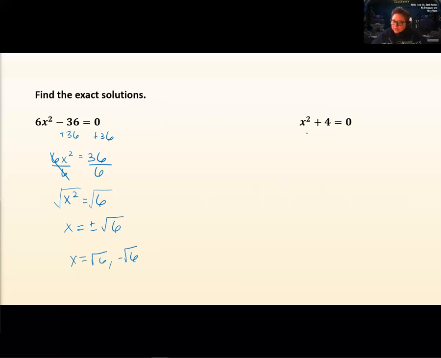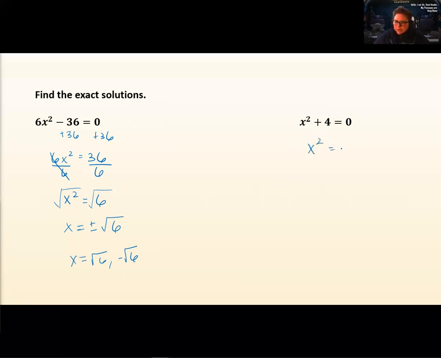How about x squared plus 4 equals 0? How do we want to handle that one? Can we do it the same way? Absolutely.